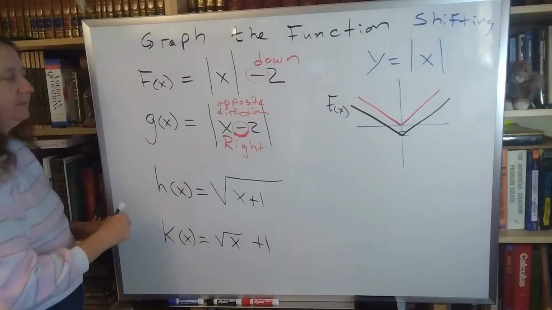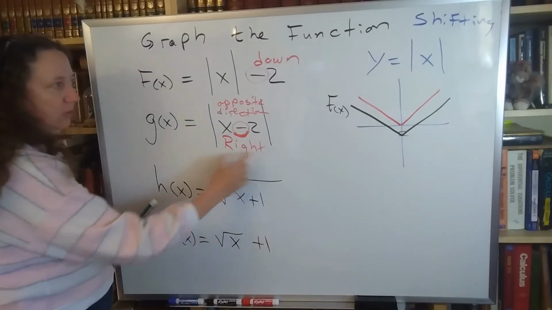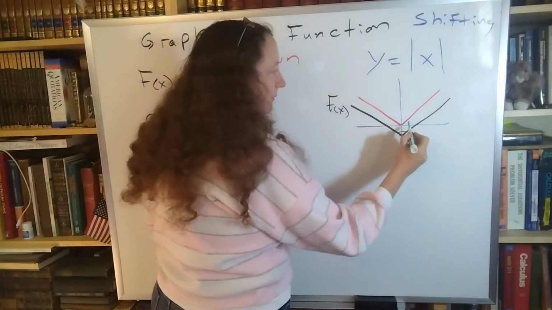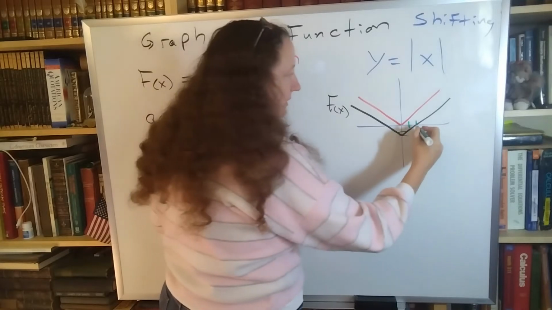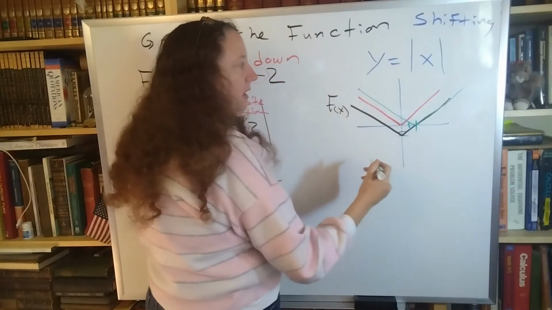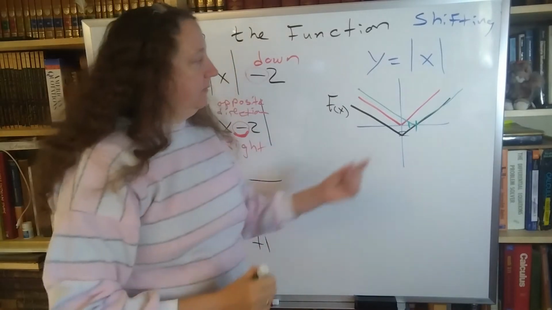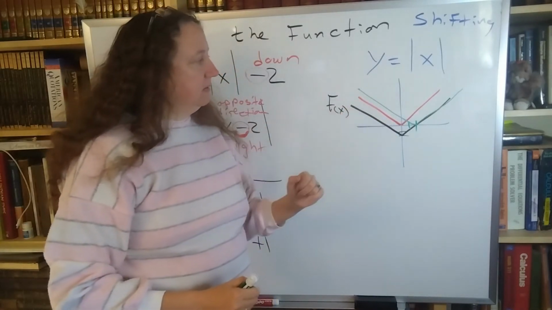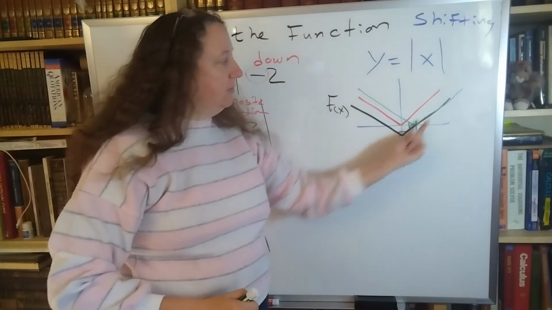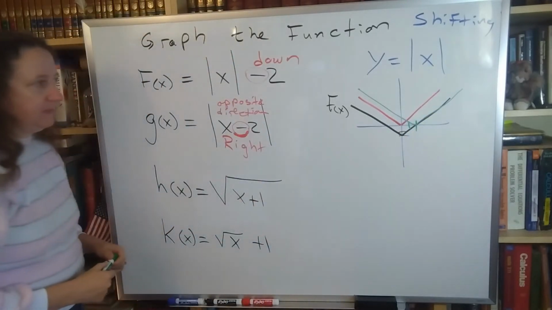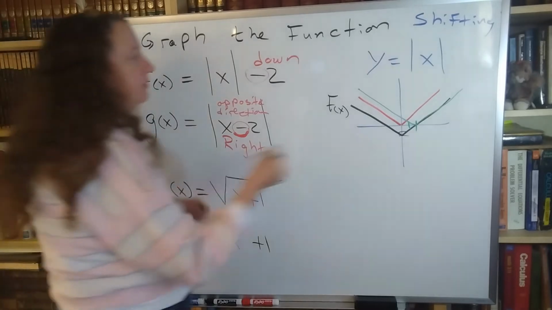G of x is going to be shifted right 2 places. So I need to find 2 places over to the right. And the green line is parallel to the red line. The green line is also parallel to the black line. And those 2 graphs are done.